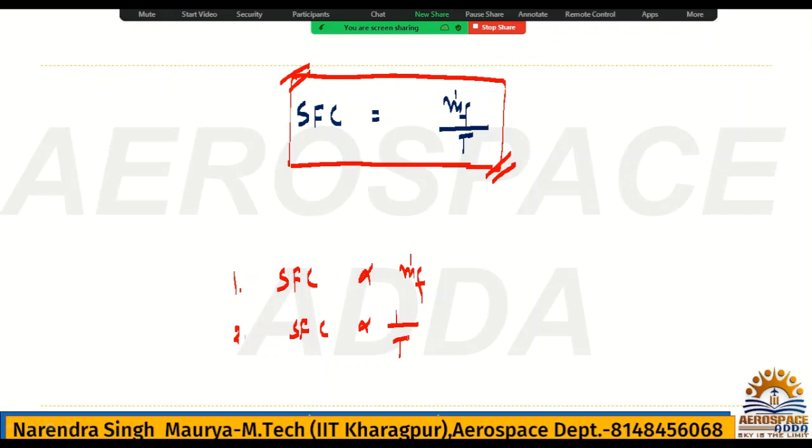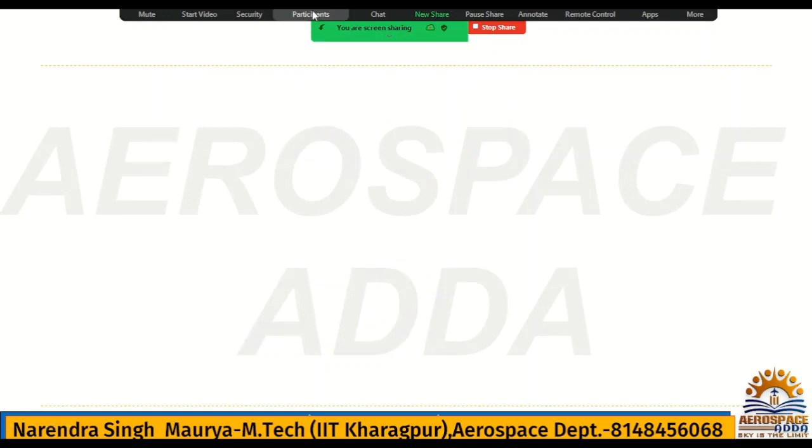If SFC is very high, then it is very costly for us because fuel economy will not be good, right? If you are burning more fuel, it means fuel economy is not good. So these 2 points you need to remember. Then the last one, I think, in performance parameters will be the specific thrust. So let me complete that also. So the next one is the specific thrust.